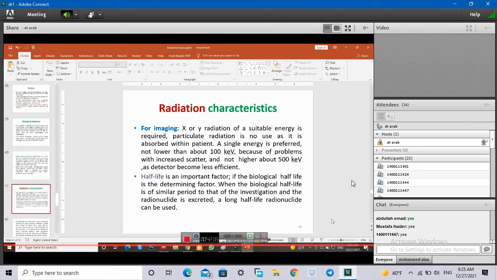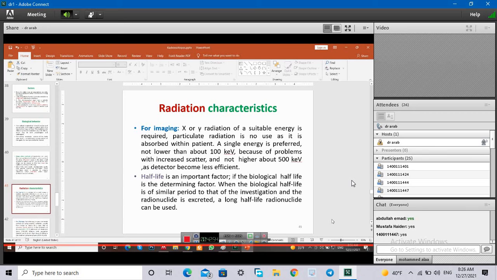For example, for imaging, we have no permission to use a radiation source that is absorbed by tissue. So we can only use X and gamma radiation with energy in the interval of 100 electron volt to 500 kilo electron volt. In this energy range, we have lower scattering problems, and also detectors can easily detect them.